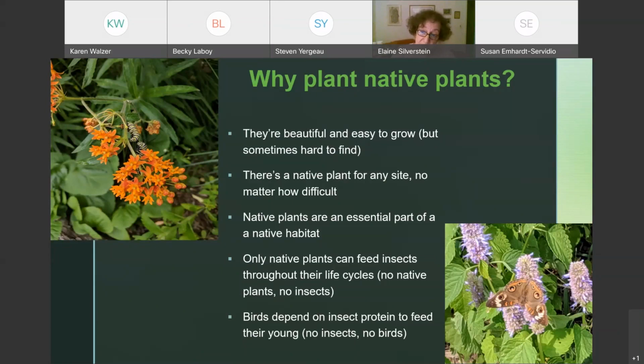So you may plant a butterfly bush, a buddleia, which is not a native plant and in fact is invasive, and think that you're feeding lots of butterflies. But unfortunately, you are feeding the adults, but you're not providing any food for the larvae. So it's really important to plant native plants for that reason, particularly if you want to create a habitat.